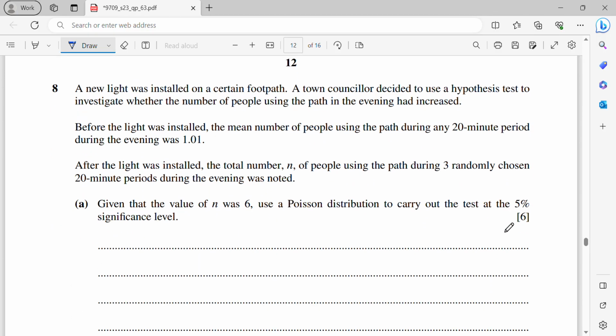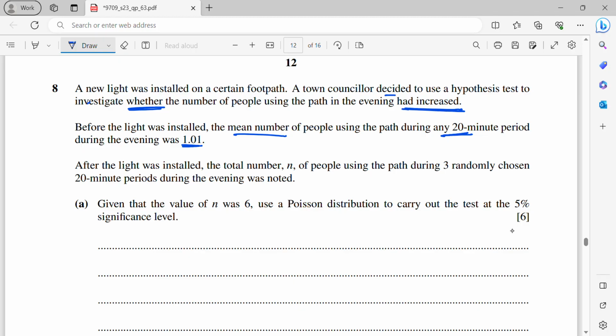Okay, now question number 8. A new light was installed on a certain footpath. A town councillor decided to use a hypothesis test to investigate whether the number of people using the path in the evening had increased. Before the light was installed, the mean number of people using the path during any 20 minute period was 1.01.